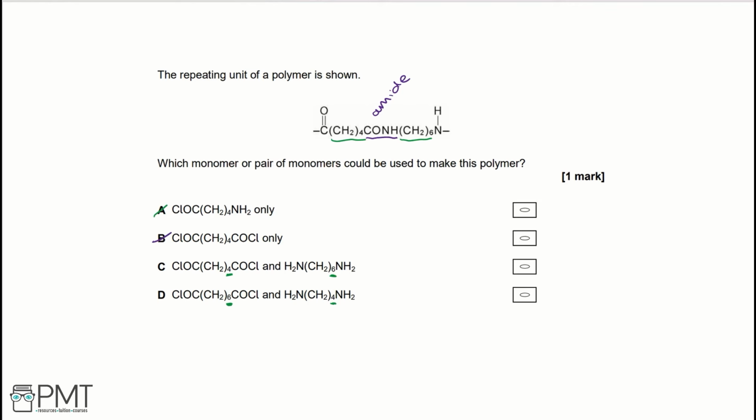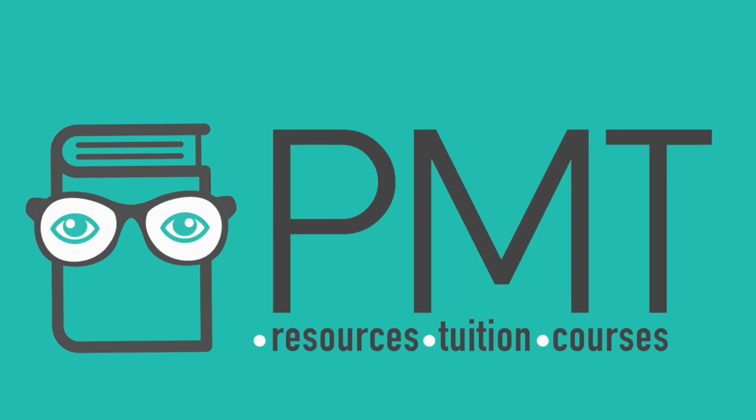But if we look at the polymer, the diacyl dichloride has the CH2,4. It starts with this CH2,4 around it, and the amine has the CH2,6, and that's the amine part that makes up the amide functional group. So that means we eliminate D, and our answer for this question is C. To get the mark, you need to circle the box that corresponds to C.